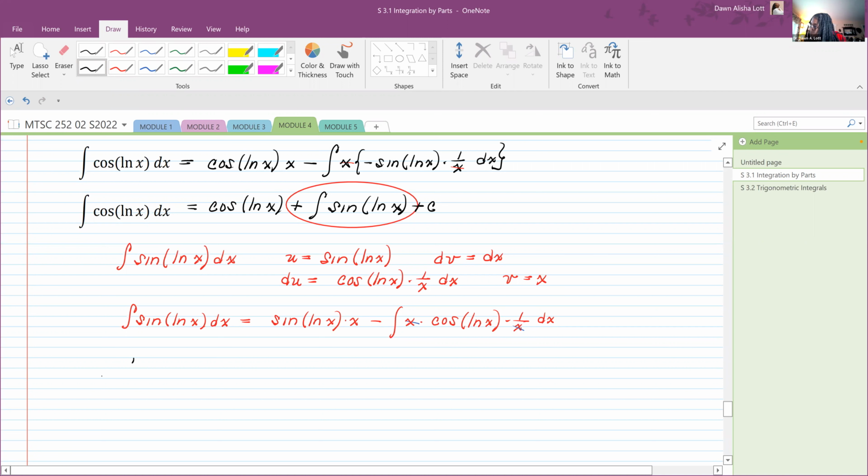So I get the integral of the sine of the natural log of x dx is equal to x times the sine of the natural log of x minus, the x's cancel, and I'm going to get, oh my goodness, I get my integral back.